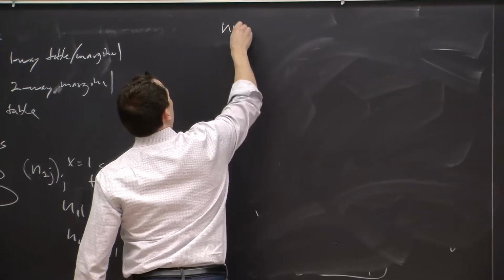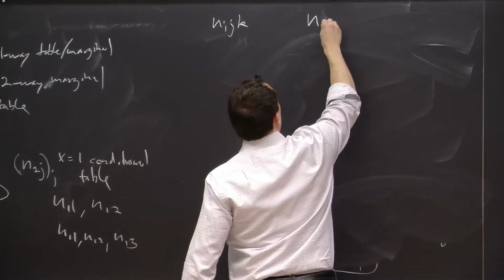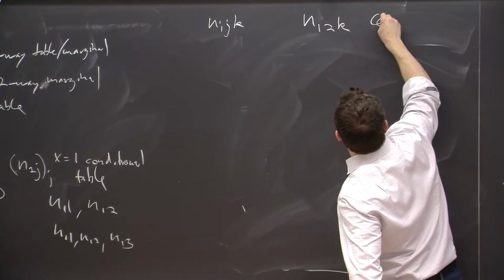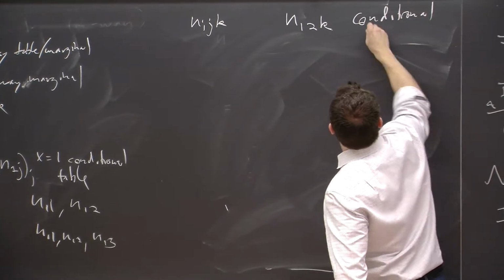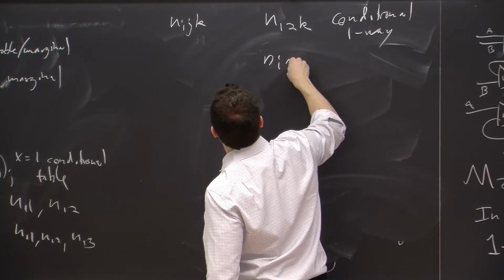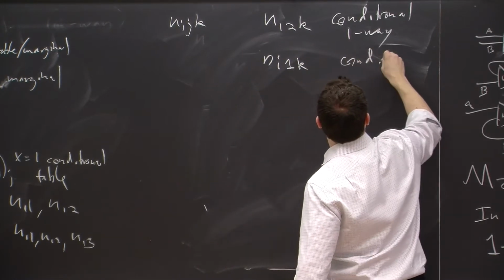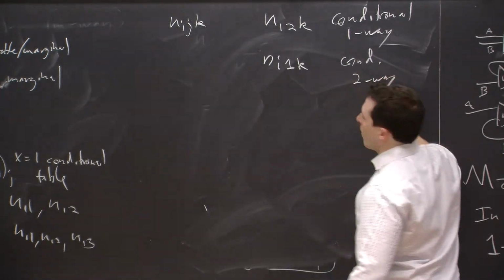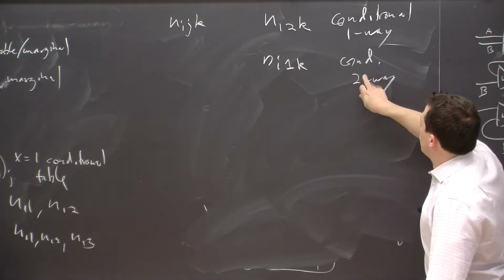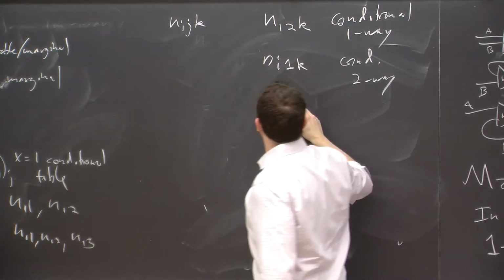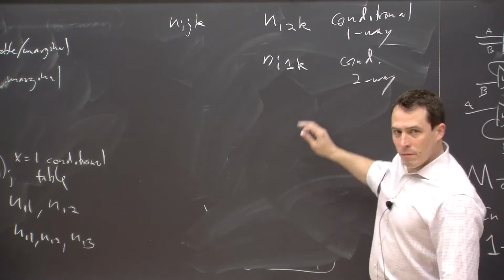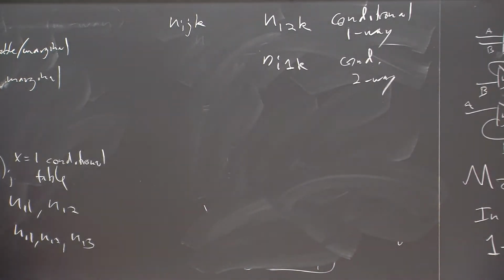If I start out with my n_ijk, I can think of n_12k as a conditional one-way table. n_i1k is a conditional two-way table. This is analogous. This is the marginal where I sum over the middle variable, and this is one where I fix the middle variable. So in a marginal, I sum over it. In a conditional, I fix it. Okay.